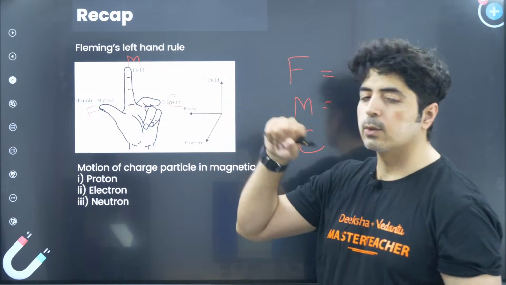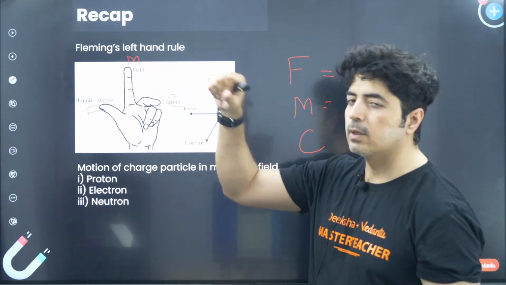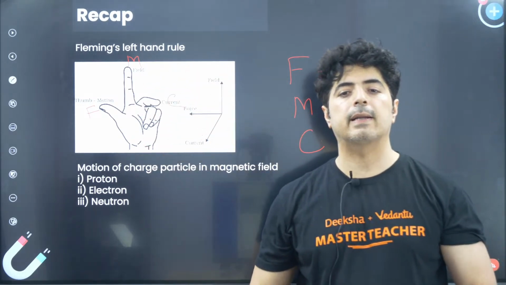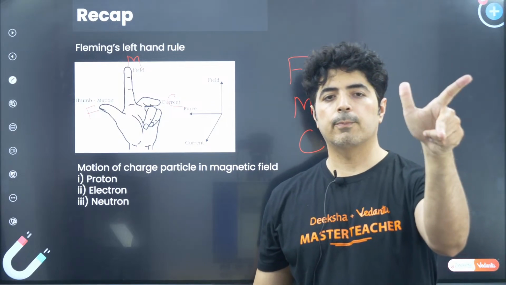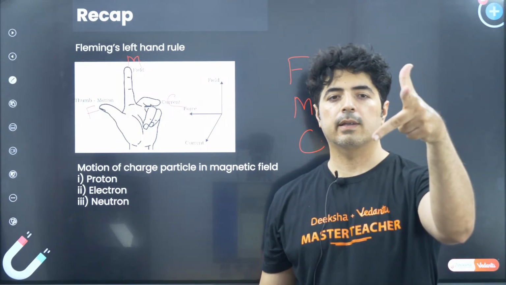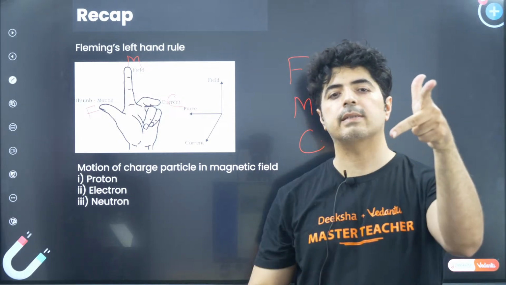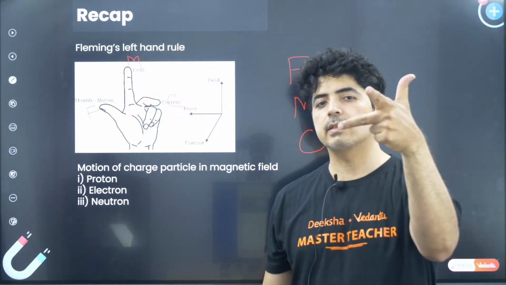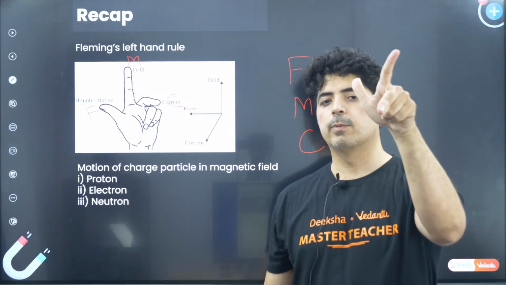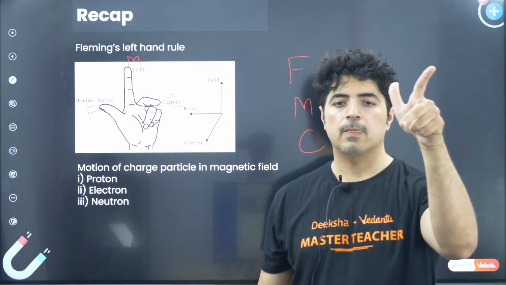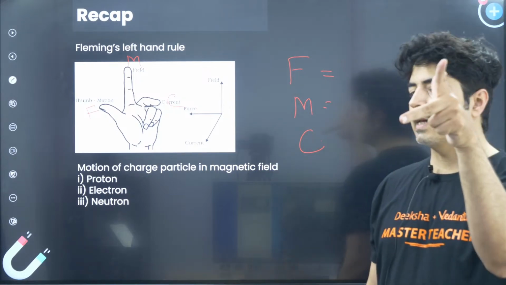Is force perpendicular to current? Is force perpendicular to field? All three of them are perpendicular to each other. In 3 dimensions, you see all three fingers make 90 degrees with each other. I hope it's visible to all of you. So please do not make this mistake.